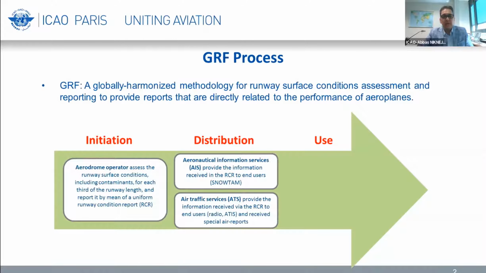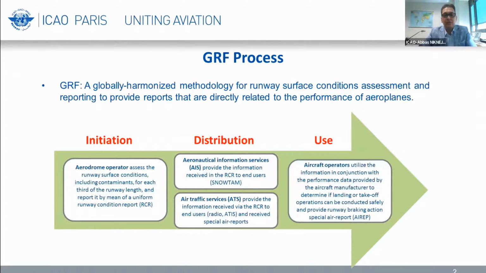At the dissemination or distribution stage, the RCR information is received by AIS, AIM, and if applicable, it would be distributed through a Snowtam. And also ATS will receive RCR information and would provide the major parts of RCR information through ATIS or ATC radio.